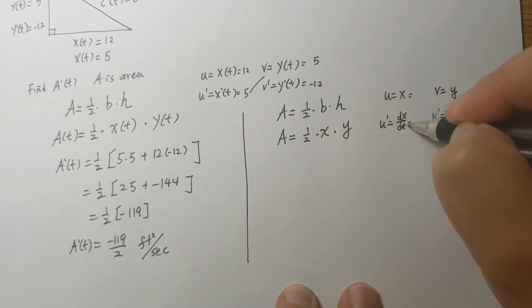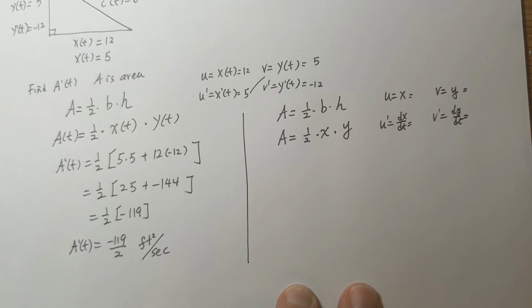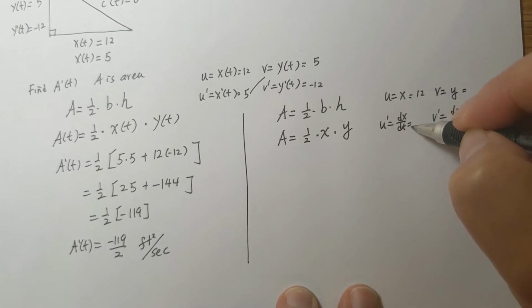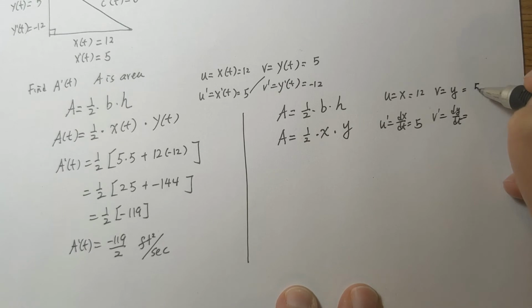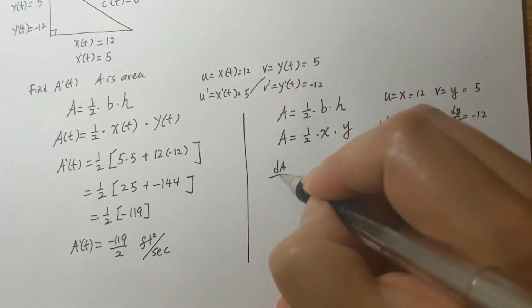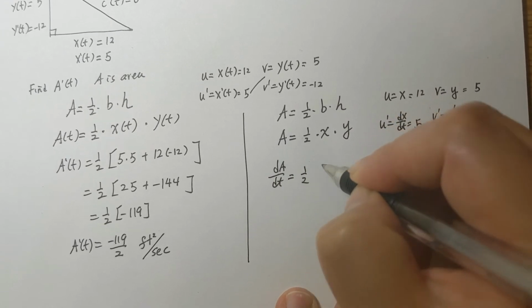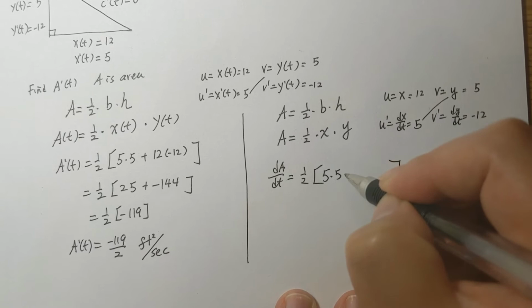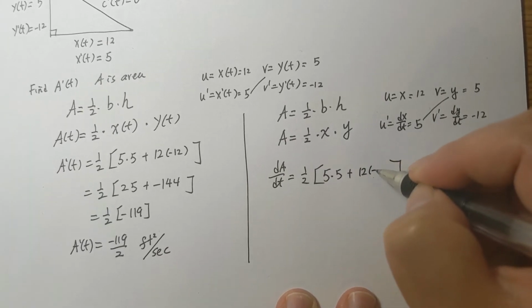Now because we already know the numbers, I'm going to put them over here to make it easier. So you get x, which is 12, and the derivative is 5, and then y is 5, and the derivative is -12. So now we get dA/dt equals 1/2, and then we're going to do the product rule. This time it's 5 times 5 plus 12 times -12.